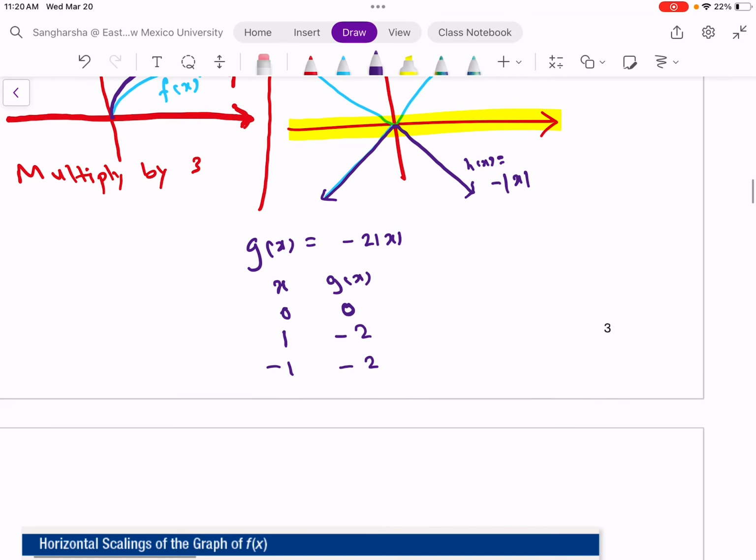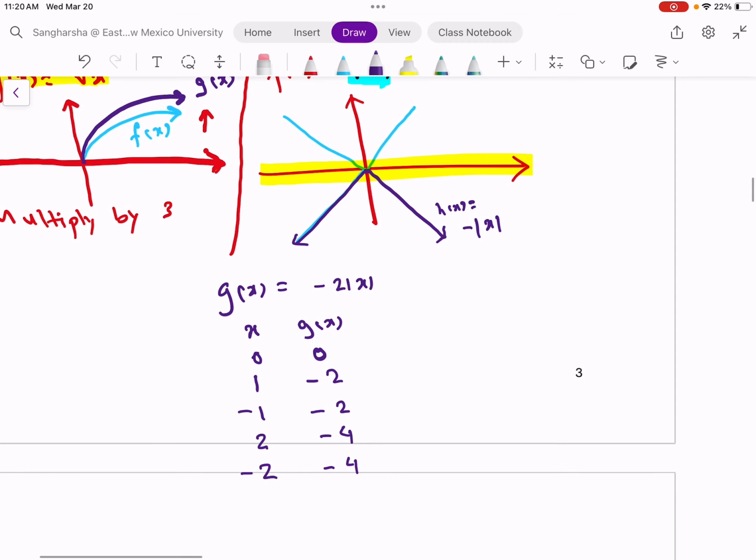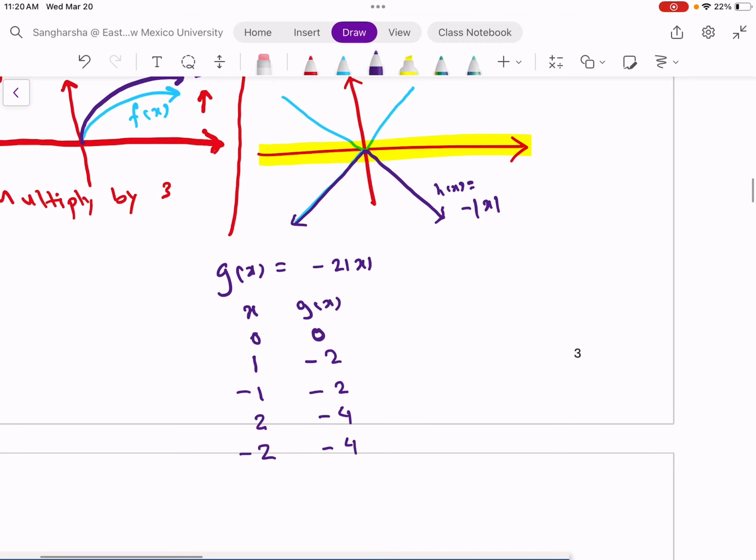If we choose positive 2, then we have negative 2 times positive 2, negative 4. And for negative 2 for x, is our output still negative 4? Negative 4. Now you can plot these points and get the final graph.